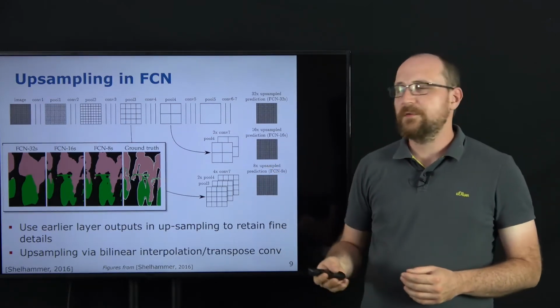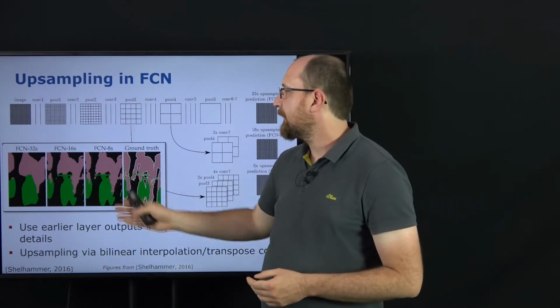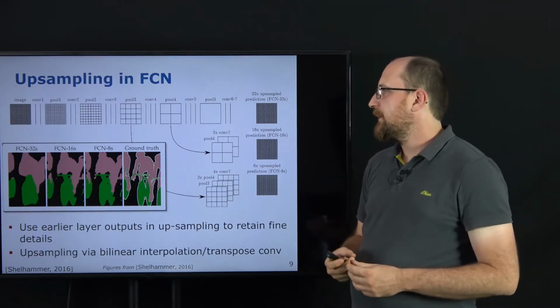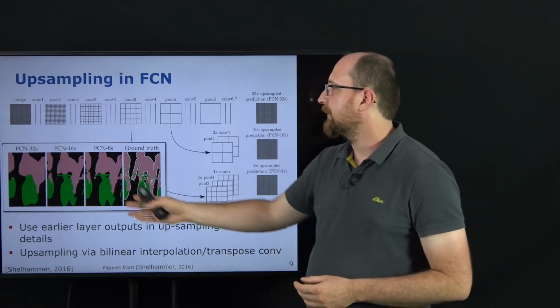And as you can see in the results, the predicted output maps of the labels that we get are much more fine-grained in the end.